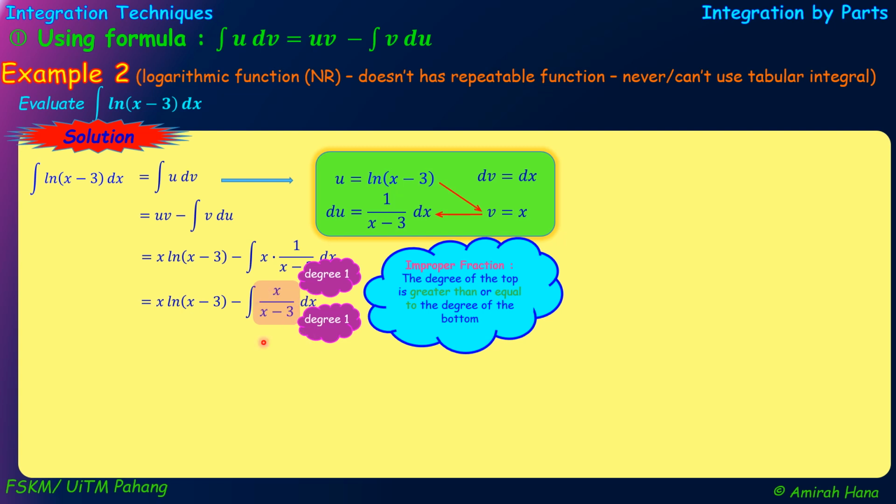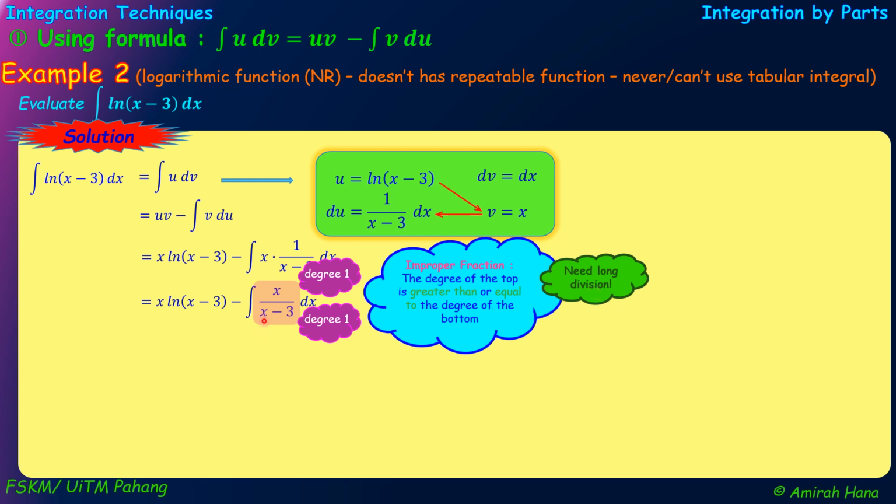In this case, the degree of the top is equal to the degree of the bottom, so this is called an improper fraction. So what should we do when we have an improper fraction and need to integrate? In this case, we need to use long division.